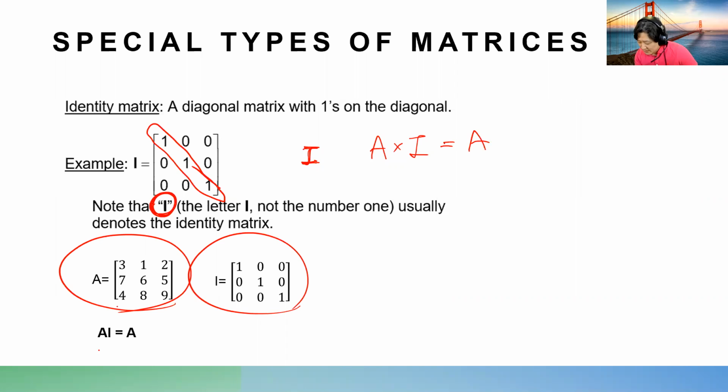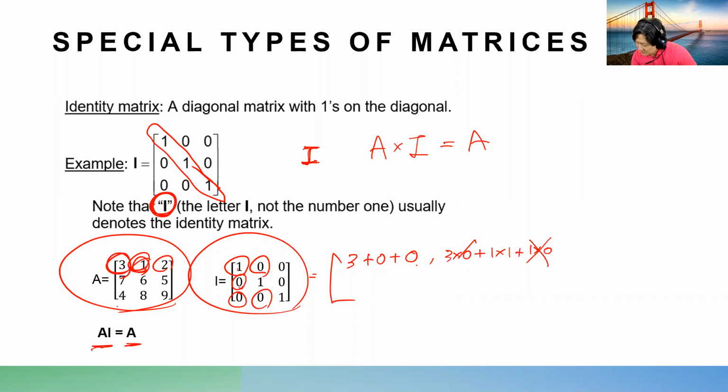A times I, you still get A, because look at this: 3 times 1 is 3, right? And then 3 times 1 plus 1 times 0 is 0, and 2 times 0 is 0. What about this case? 3 times 0 plus 1 times 1 plus 1 times 0.